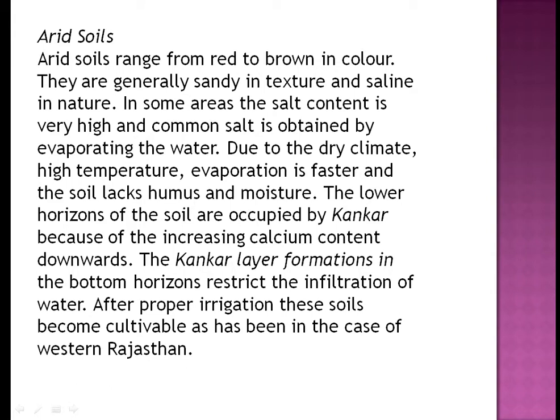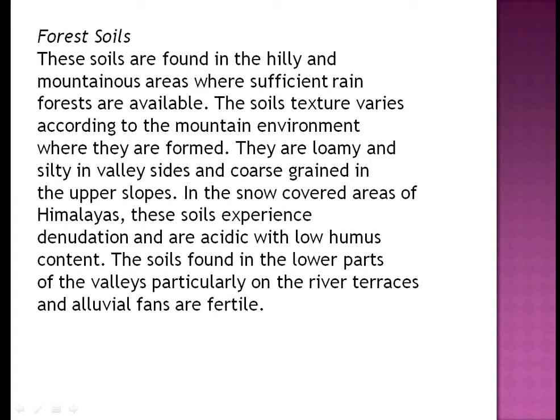Next, moving further to see about the forest soil. These soils are found in hilly and mountainous areas where sufficient rain or forests are available. The soil texture varies according to the mountain environment where they are formed. They are loamy and silty in valley sides and coarse grained in the upper slopes.